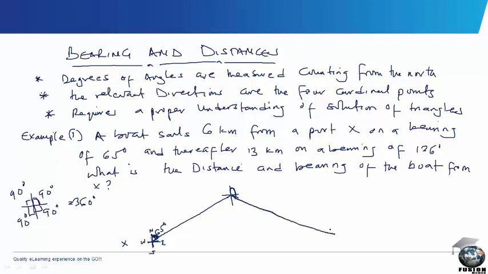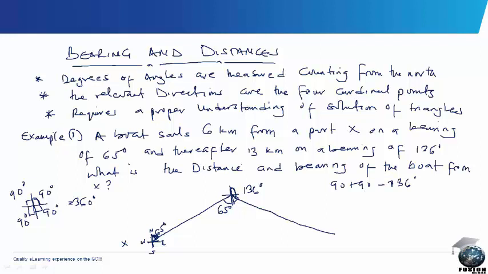From the theory of alternate angles, this angle becomes 65 degrees. Since this is 136 and the total angle here should be 90, we have 90 plus 90 minus 136 to find the angle left out.